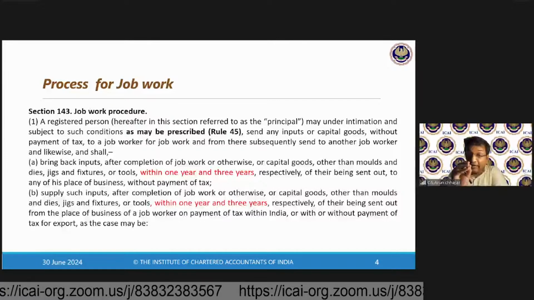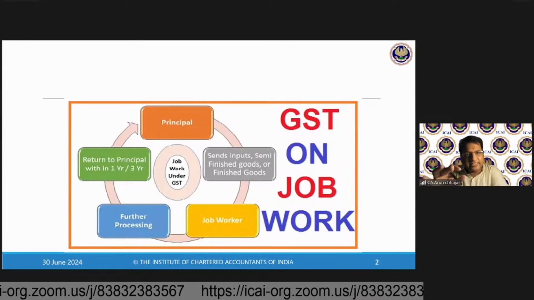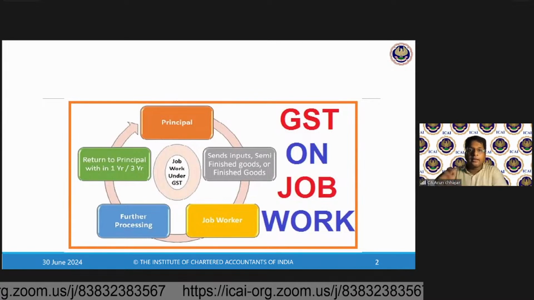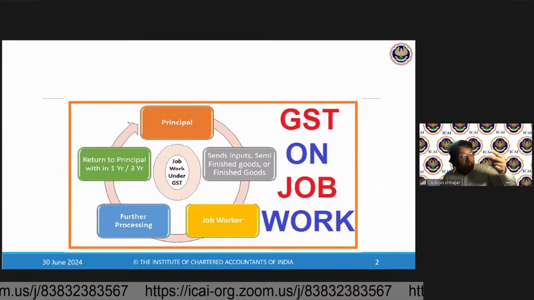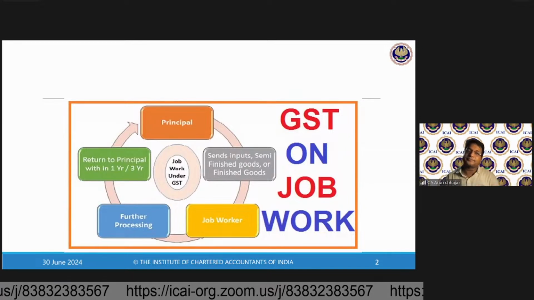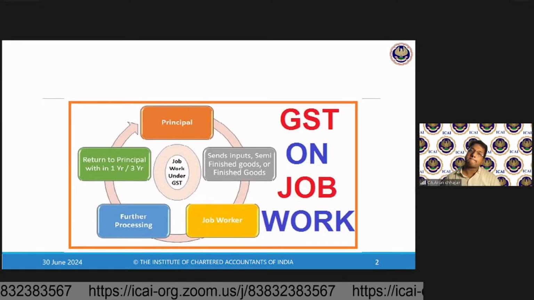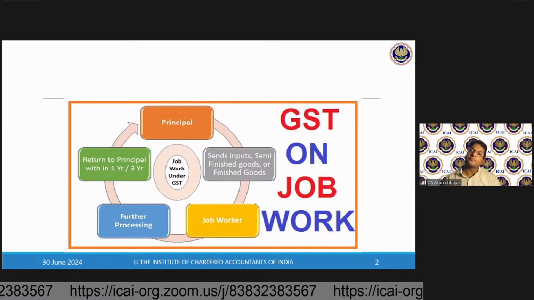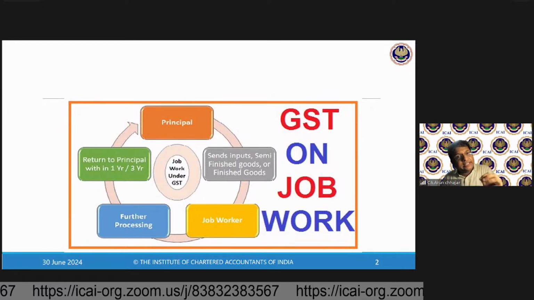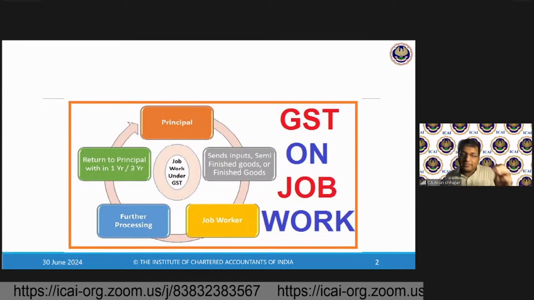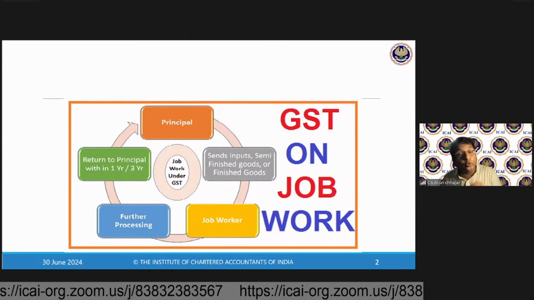Let me tell you some crux about the job work, then we will discuss provisions. When I'm sending the goods, it should come back within a period of 1 year, and capital goods, it should come back within a period of 3 years. Next, this period of 1 year or 3 years can be further extended by the commissioner by another period of 1 year and another period of 2 years.